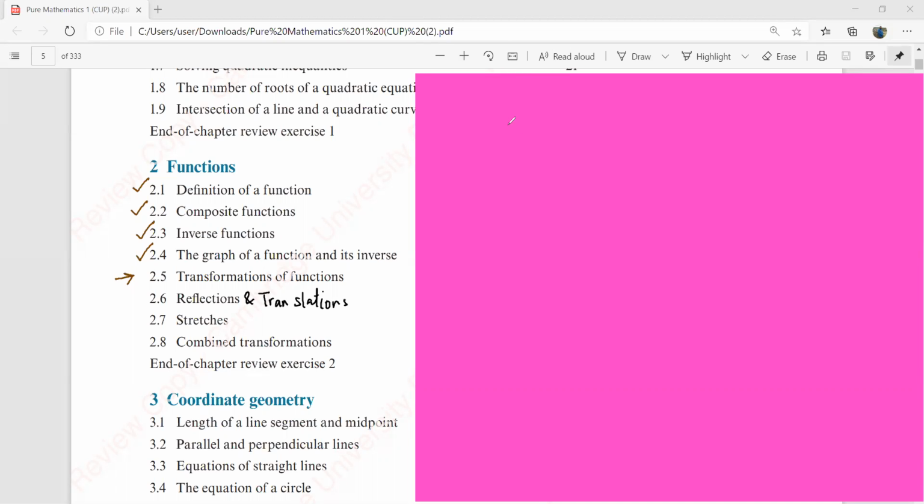Suppose you have the equation of a function, let's say y equal to x square, and you can take it as y is equal to f of x. Now, here is the curve for y is equal to x square. If I reflect this in the x-axis, its image would be like this. This orange one is the image of this black curve under a reflection in the x-axis.